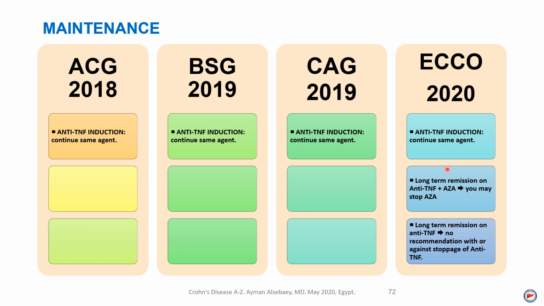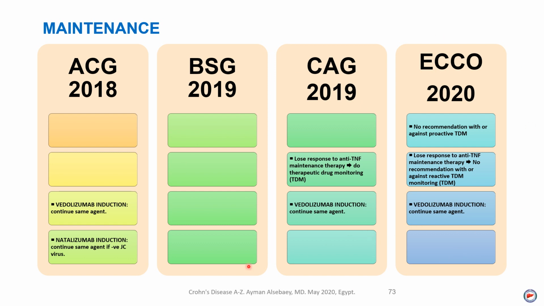But suppose that the patient now is in long-term remission on anti-TNF, the ECCO guidelines did not put a recommendation with or against stopping the anti-TNF. So till now, if you begin anti-TNF, you will continue for life.